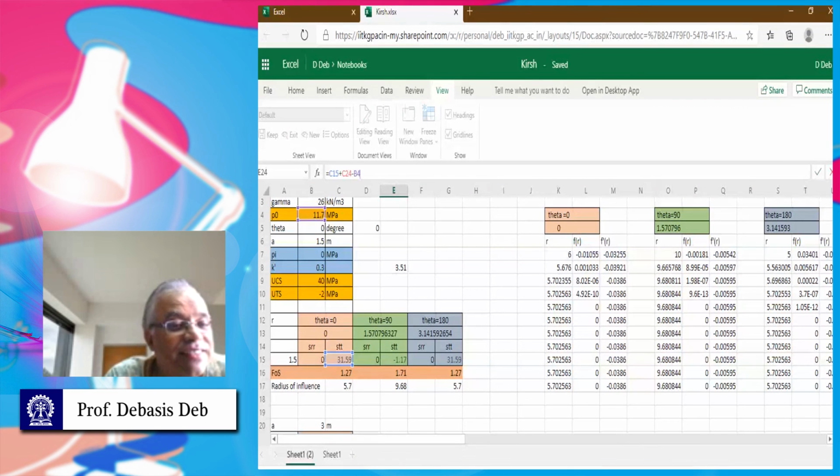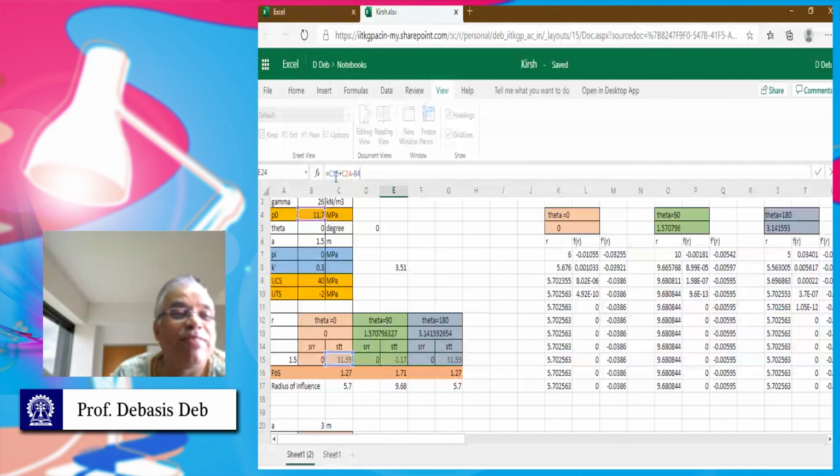I have added the induced stress of both the tunnels at point 1 and then subtracted the in situ stress once. Why? Basically, we are calculating how much increase and how much influence. You are a little close.